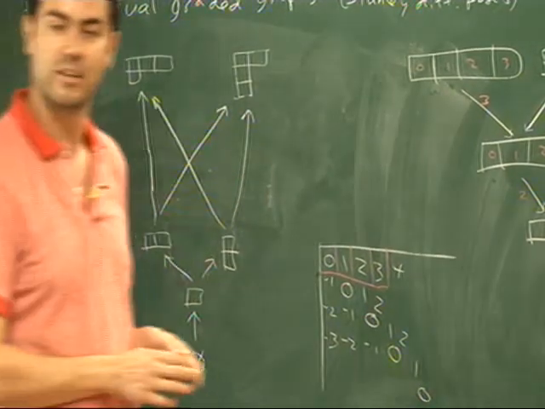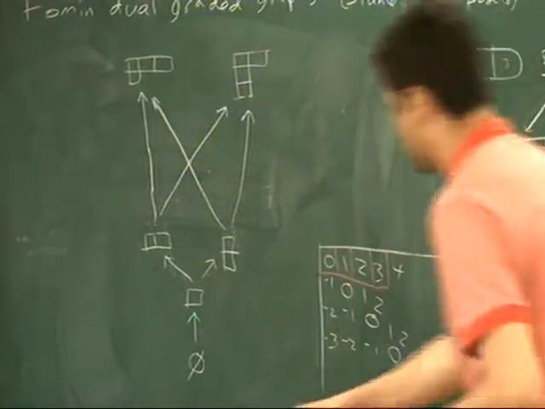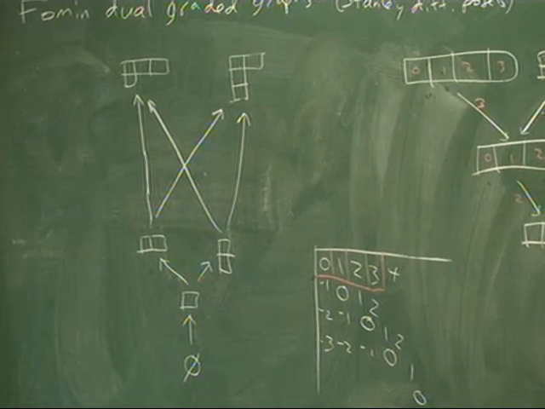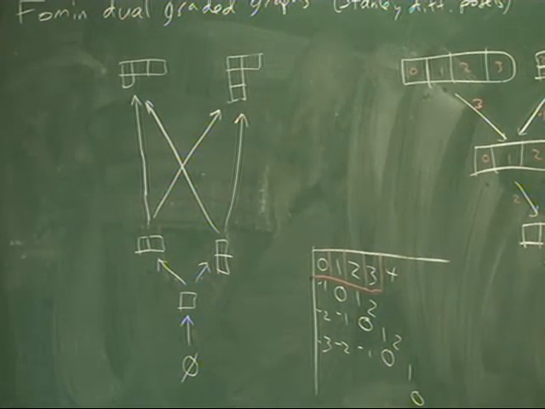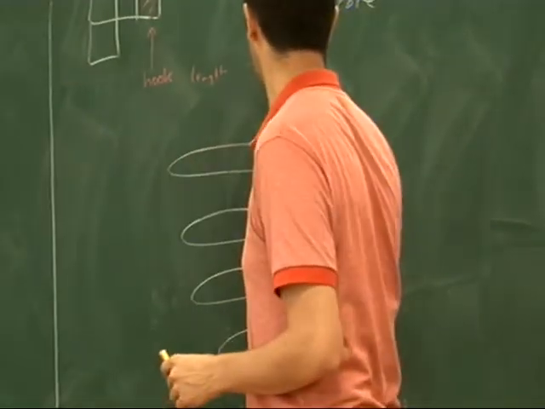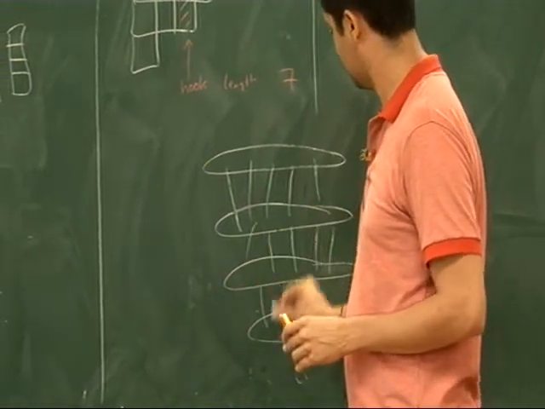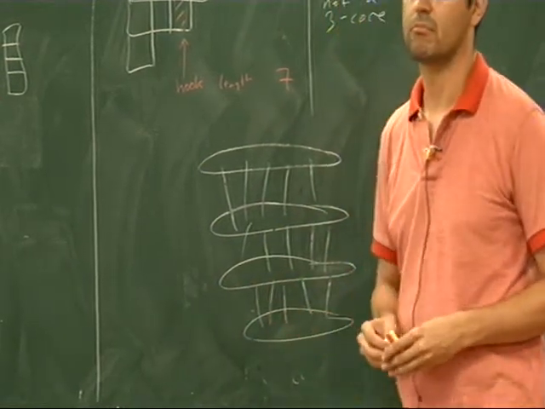And let's do the same here. So what is the definition of graded? A graded poset really means you just have a bunch of levels and only edges between these levels. But isn't every poset like that?